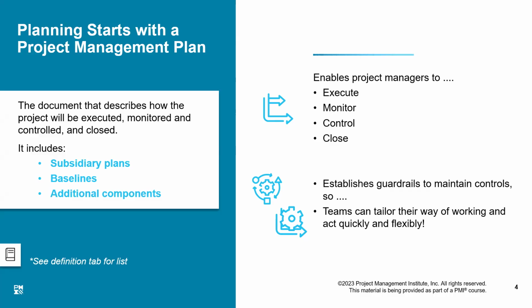As far as the predictive is concerned, we have 5 process groups: initiation, which we have already studied in the last lecture; planning, which we are covering from today onwards; execution; then monitoring and control; and ultimately the closing.